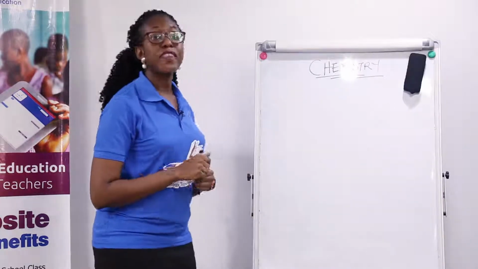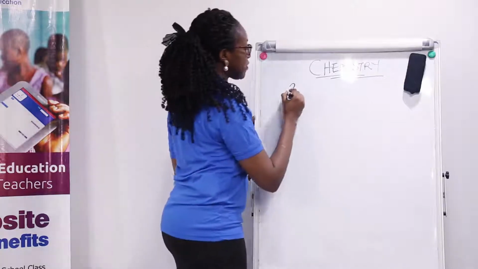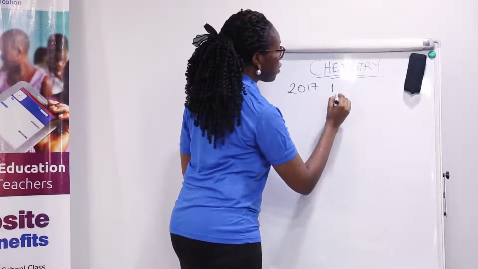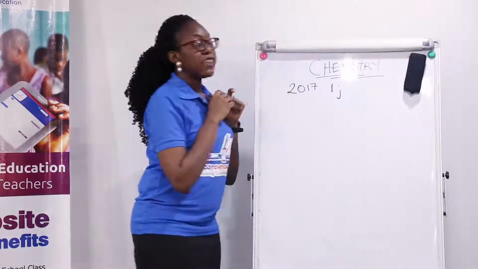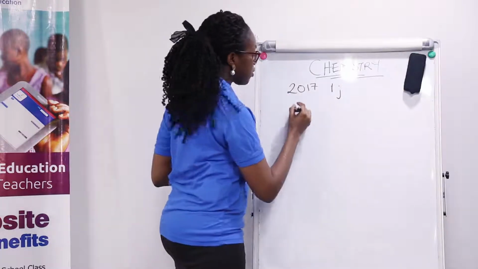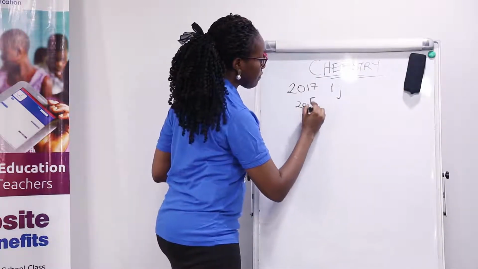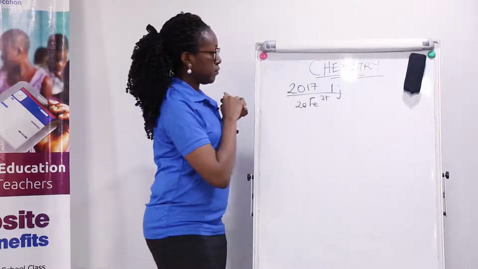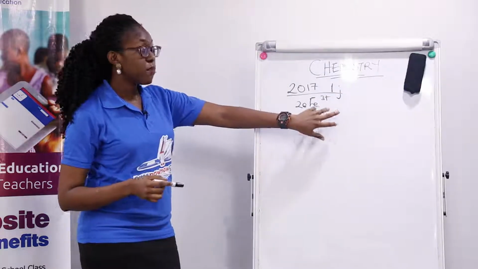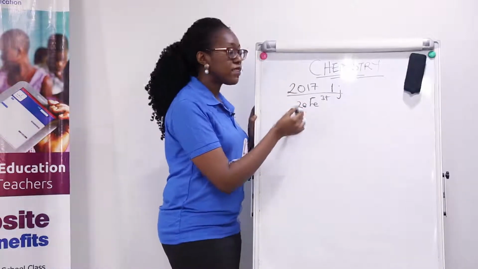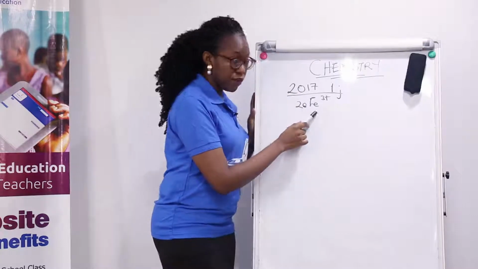Our next question will be taken from the year 2017, question number 1J. And this question reads, write the electron configuration of 26Fe3+. Now this Fe represents iron, and 26 here represents the atomic number of iron.